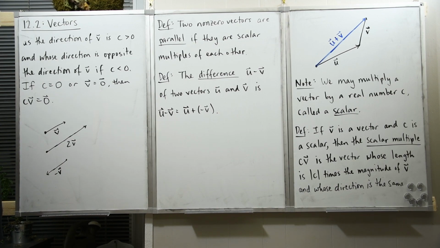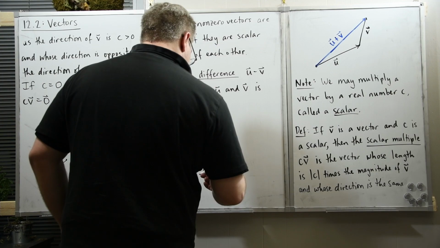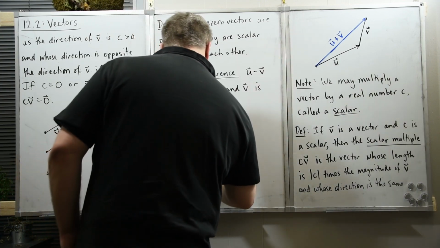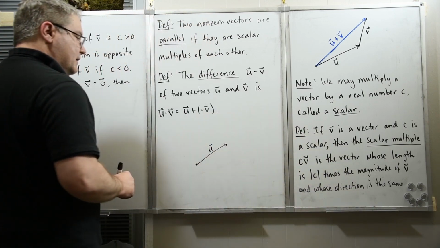So u plus a negative v. Well, if you think about u plus a negative v, let's say that we have a similar situation as before. We've got vector u. It looks like this.